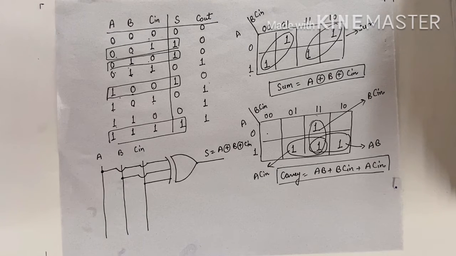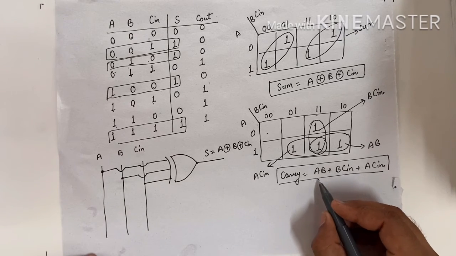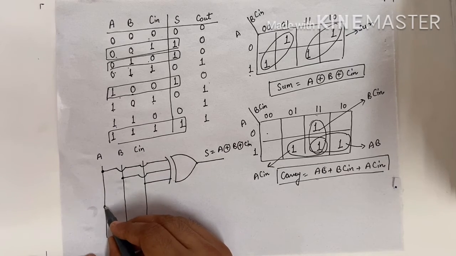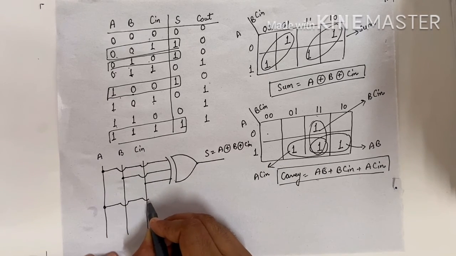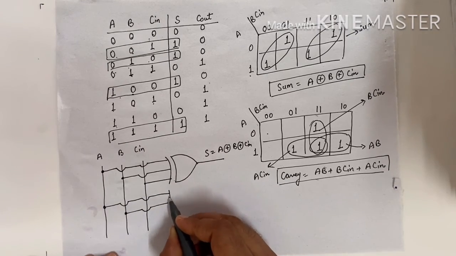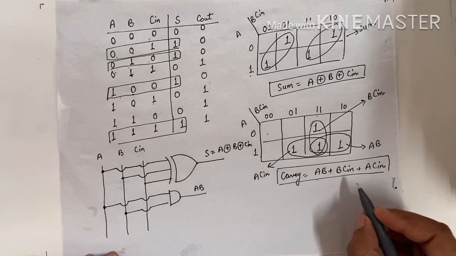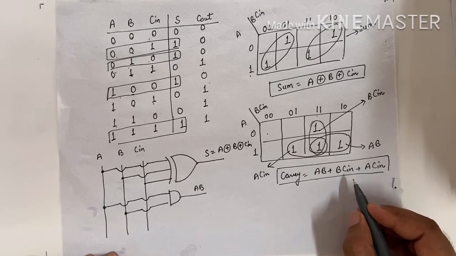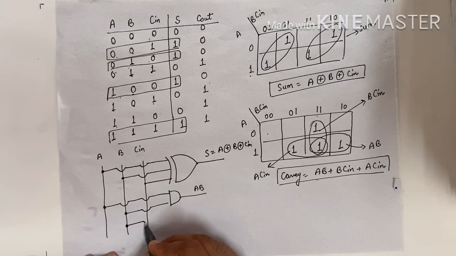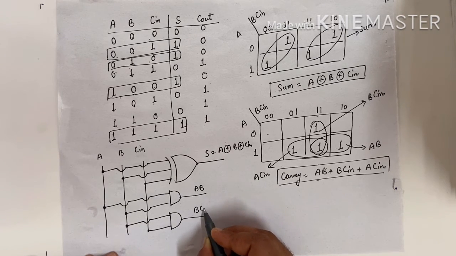Now we have to develop the carry logic design. The first term is A and B, for this we apply the AND operator. This is A and this is B. We apply the AND gate and we get AB. Then B C input: B is this and this is C, and we apply the AND operator. We get B C input.